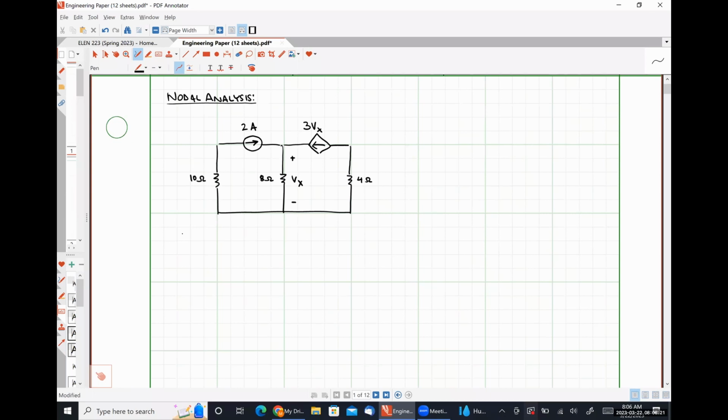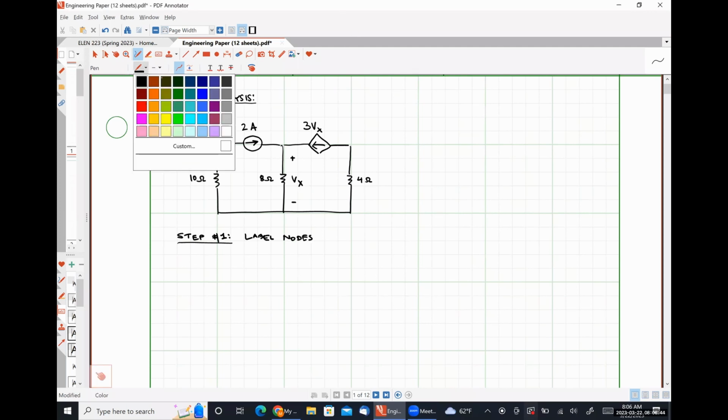Our first step is simply going to be to label our nodes. So I'm going to do that by using different colors like I've done in previous classes.